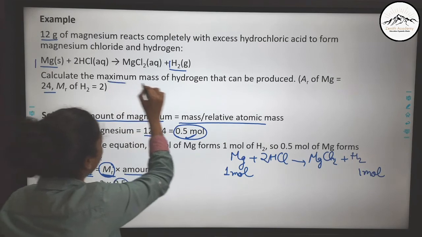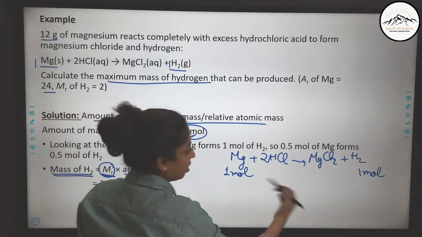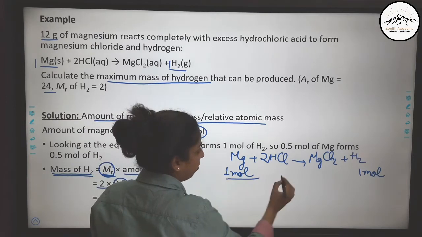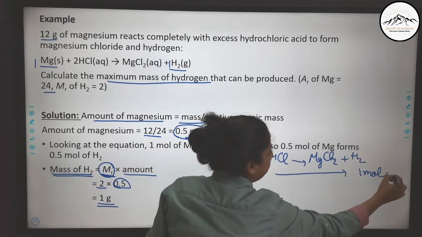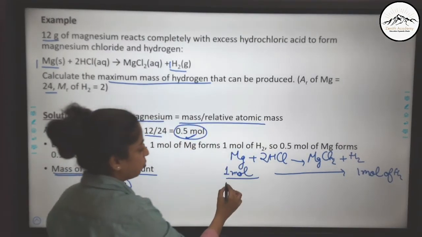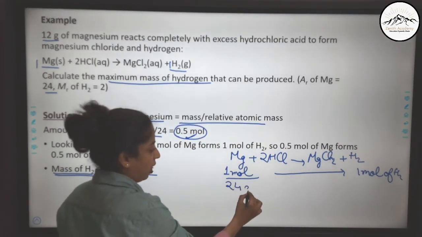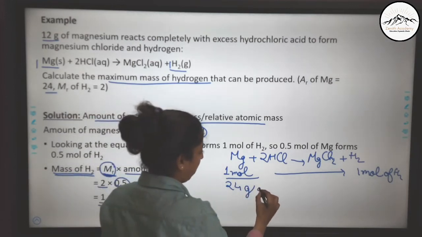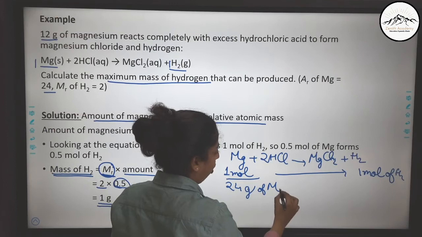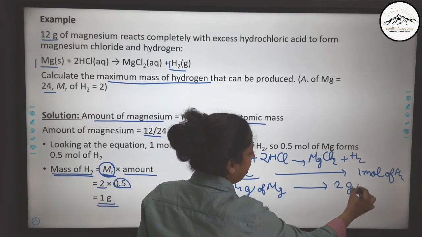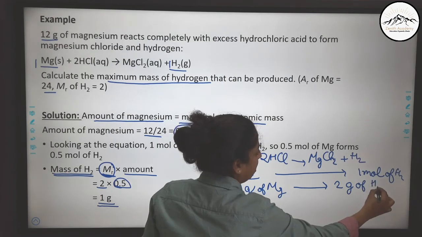Maximum mass of hydrogen is asked. So what is asked is already on the right hand side. So 1 mole of magnesium will form 1 mole of hydrogen. Now 1 mole of magnesium corresponds to 24 gram, relative atomic mass in grams. So 24 grams of magnesium forms 1 mole of hydrogen, that is 2 grams of hydrogen, right?